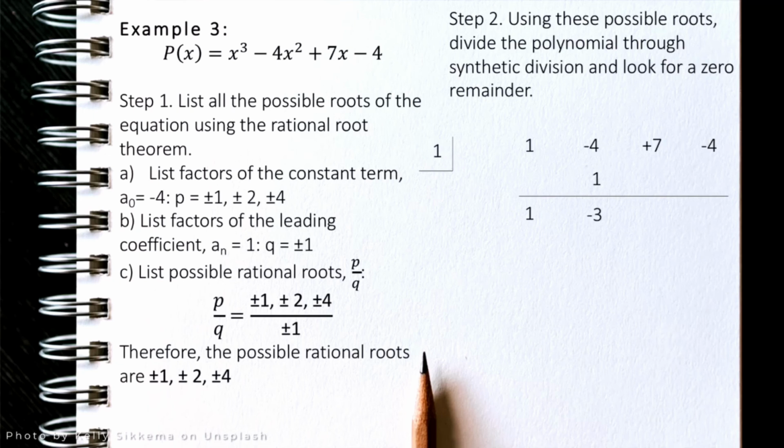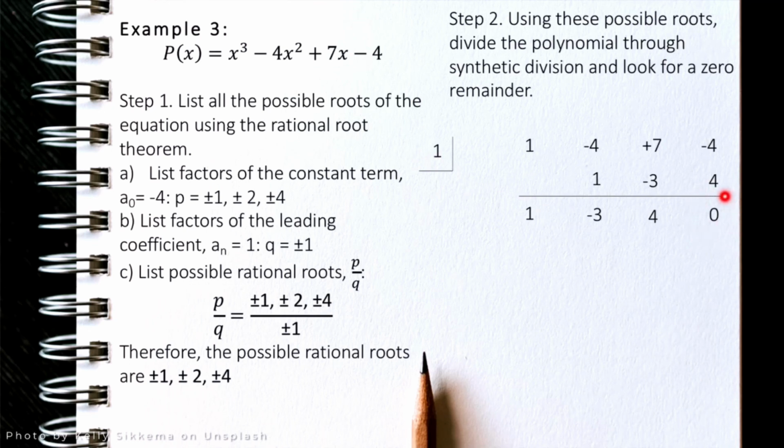And then negative 3 times 1 is negative 3. Then add positive 7 plus negative 3 is 4. Then multiply. 4 times positive 1 is positive 4. And then add negative 4 plus 4 is equal to 0. Wow. The remainder is equal to 0.